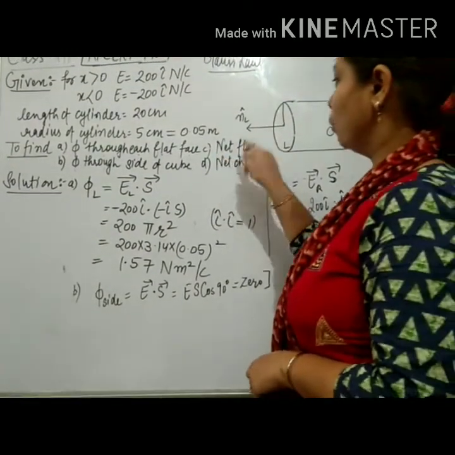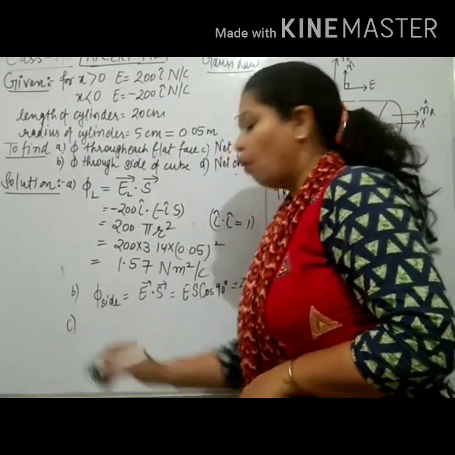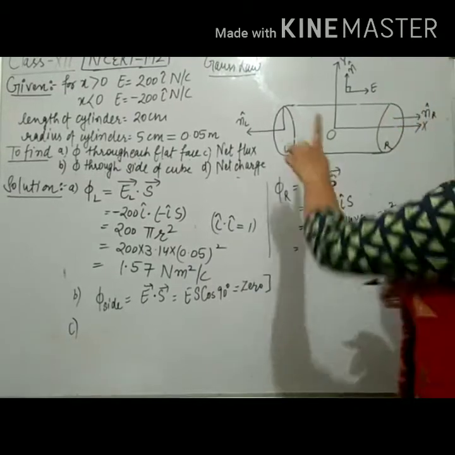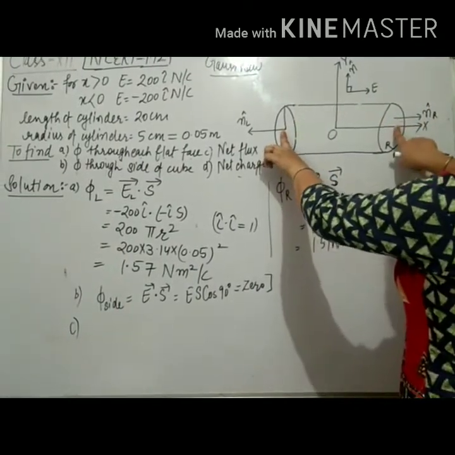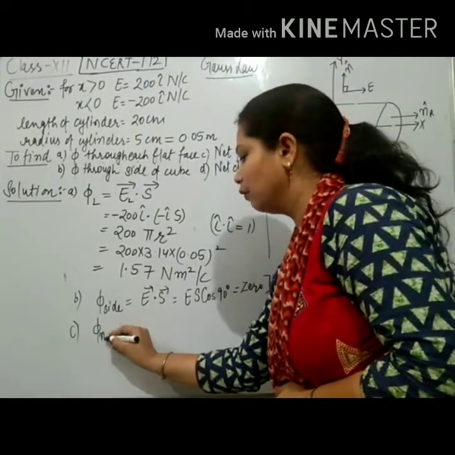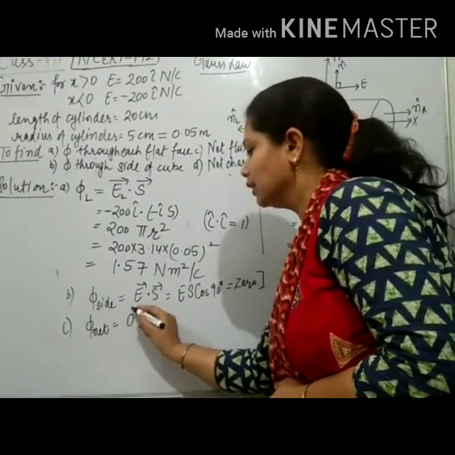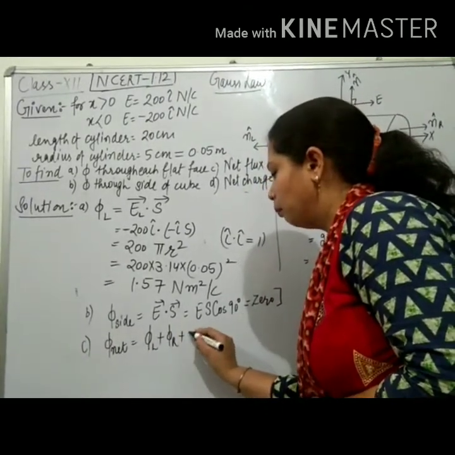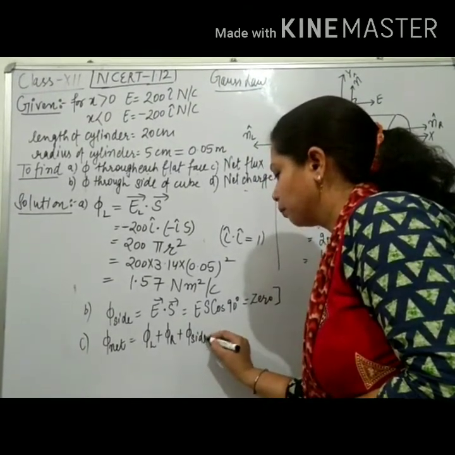Now we have to calculate net flux. What is the formula to calculate the net? Net means from the left face, from the right face as well as from the curved surface. We have to add them. Net flux is flux through left plus flux through right plus flux through side.